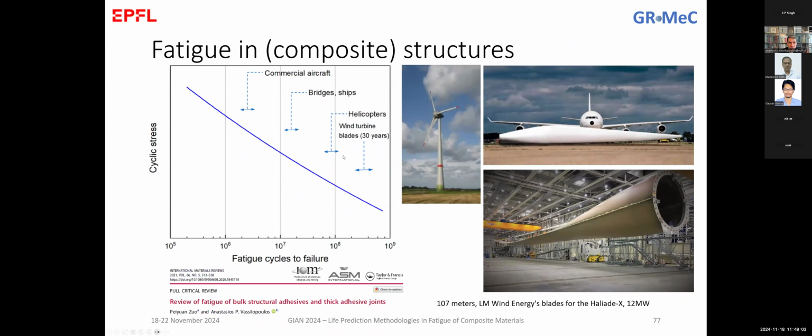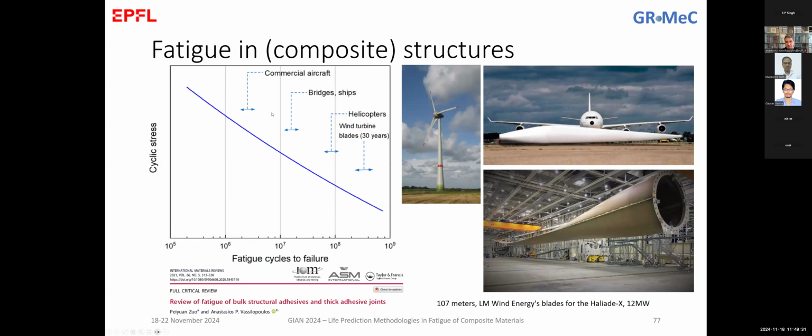A lot of structures are facing significant fatigue loads during their lifetime. Aircraft, around 2-3 million cycles. Bridges, more than 10 million cycles. Helicopters, reaching 100 million cycles, and this is exceeded by wind turbine blades in their 25 years of operational lifetime.